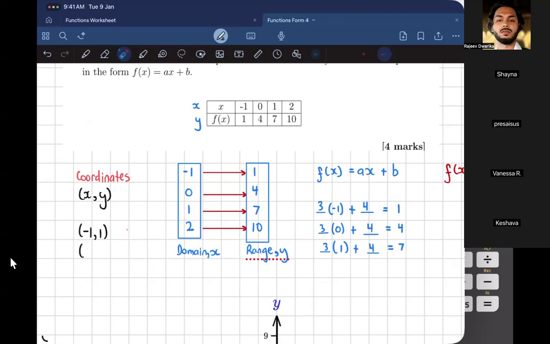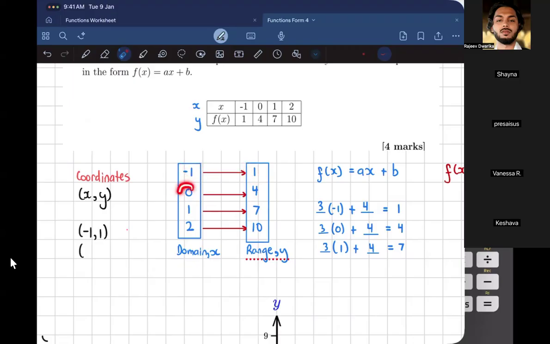What you get out is sometimes called f of x or sometimes called y. Right? So you're putting in x and you're getting y out of that. A coordinate is given by the x value first, then the y value. So the first x value is -1, and when you put -1 into the function, you're going to get 1. So I said -1, comma 1.